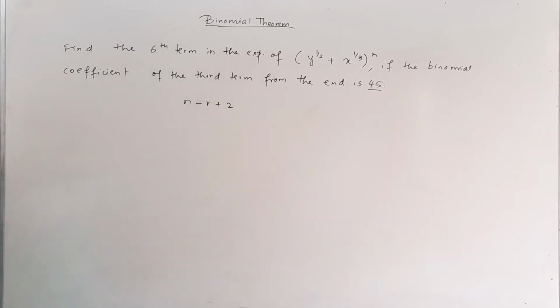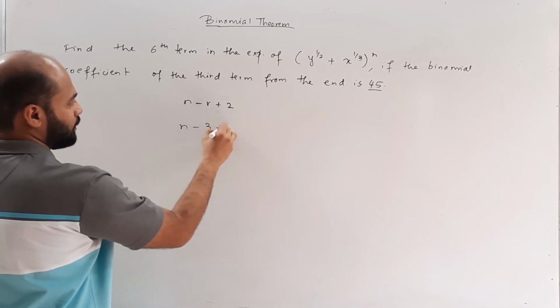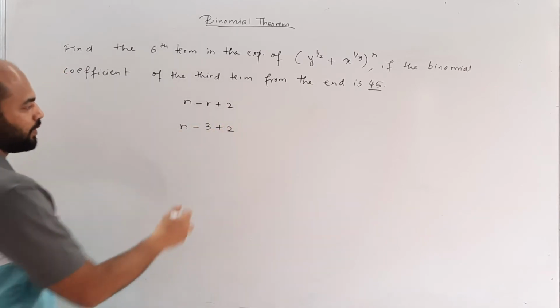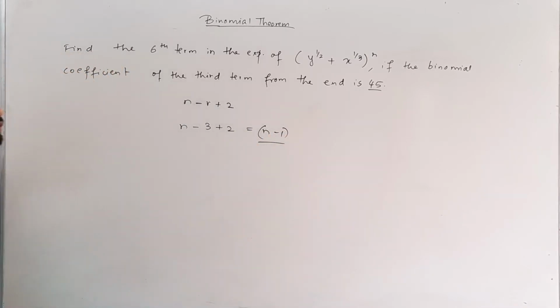This is the formula. So the power is of course n, the r term is 3 and this is 2, which means that we're talking about n minus 1. So we have to find the n minus 1th term. Now let's do this and see what we get.